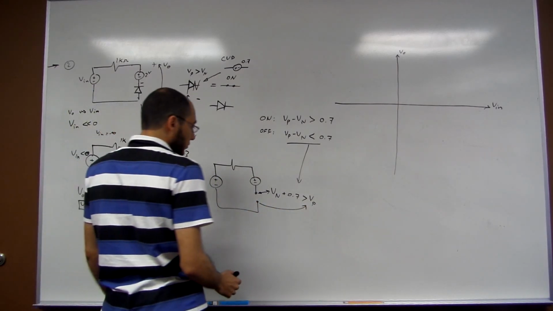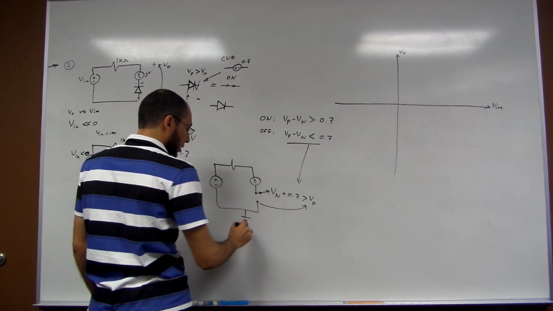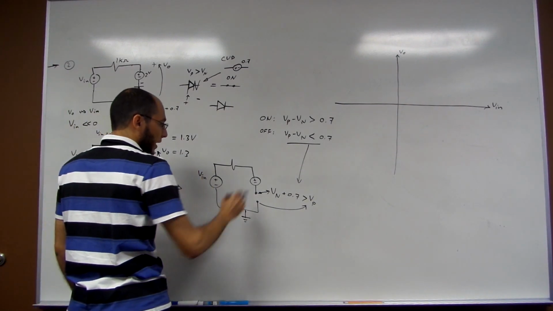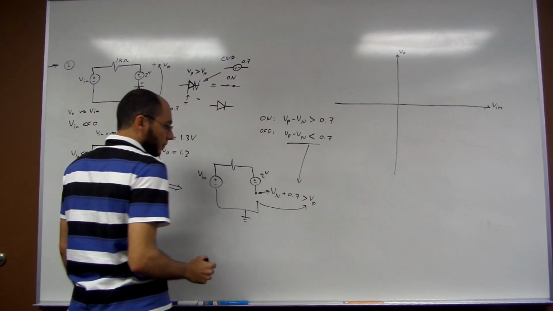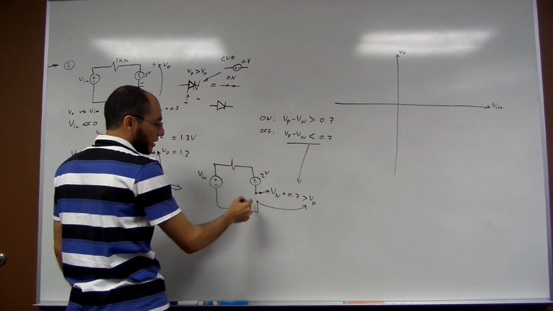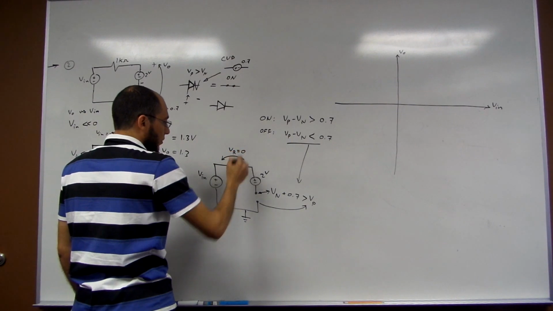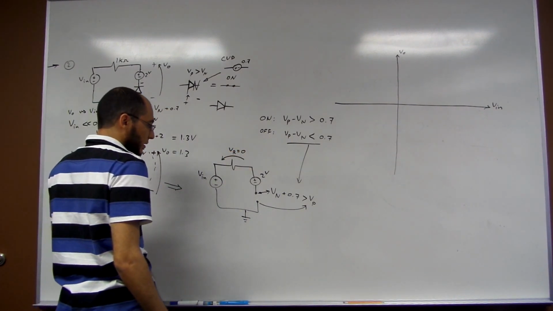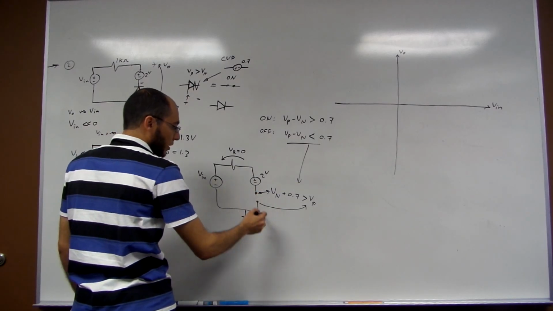So let's do a nodal analysis. Take the ground here. This is Vn, and this is 2 volts. Since there is no current passing here, I do not expect to have any voltage across the resistor. So let's take this node and see what the value of Vn is.